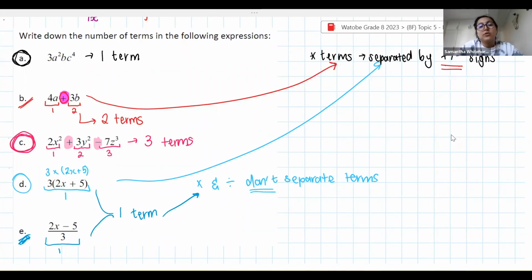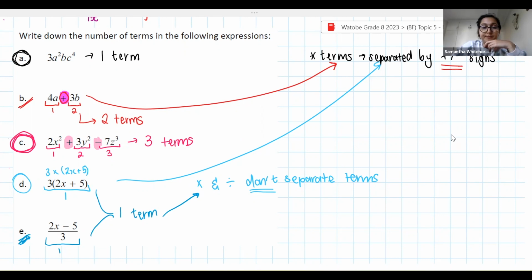This is why I'm going through this algebra course quite slowly, because eventually your teachers are going to assume that you know what a term is and how to identify them. So it's really important that we focus now on understanding this. Those of you that don't understand, take your screenshot. As we go through examples, I'm going to re-explain this idea of terms and what we do with examples, and hopefully that'll make more sense.